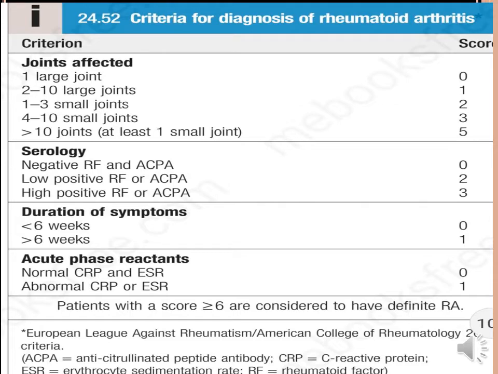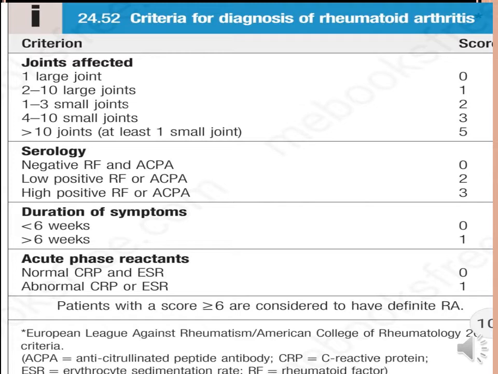Regarding serology, if we have negative rheumatoid factor and negative ACPA, then we give 0 points. But if any of them is positive but in a low titer, then we give 2 points, and high titer positive rheumatoid factor or anti-CCP, we give 3 points. If the duration of symptoms is less than 6 weeks, we give 0 points.